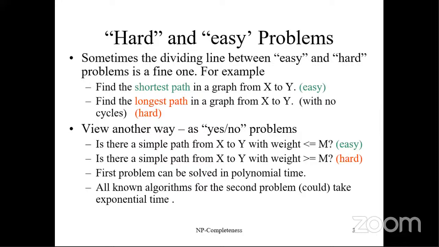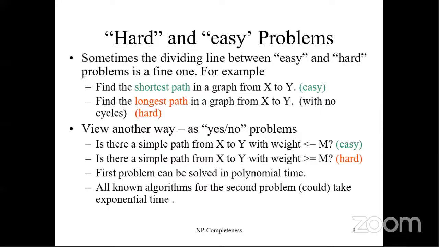For example, if you have a graph and you want to find the shortest path between x and y, all you have to do is look at the points from x to y and find the shortest path that takes you from x to y.